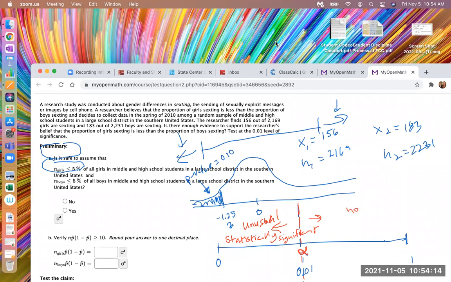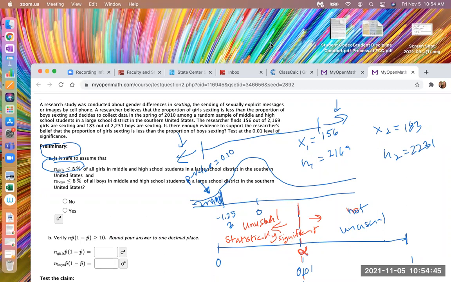So anytime we have sample data, we plug it into the calculator, and we get a p-value, and that p-value is less than alpha, then we say it's unusual, we reject the null hypothesis.